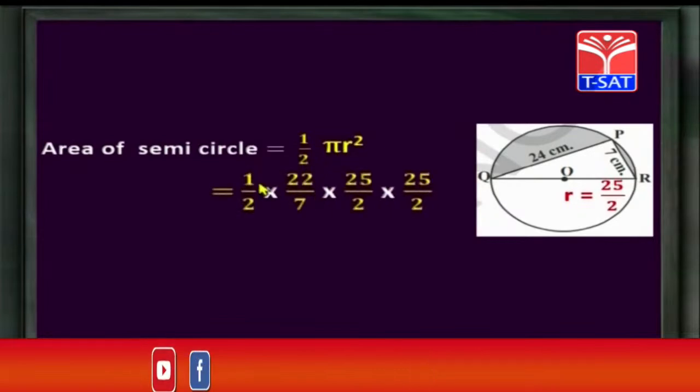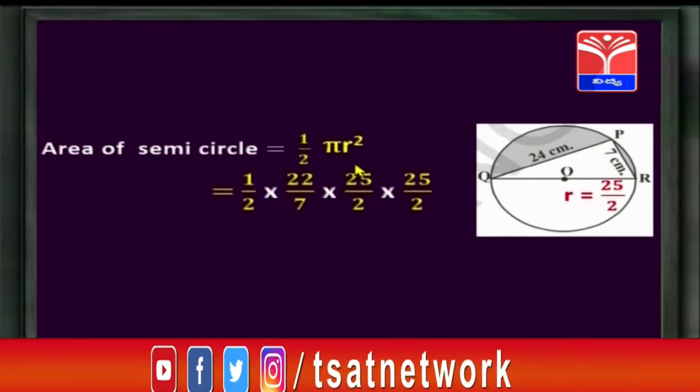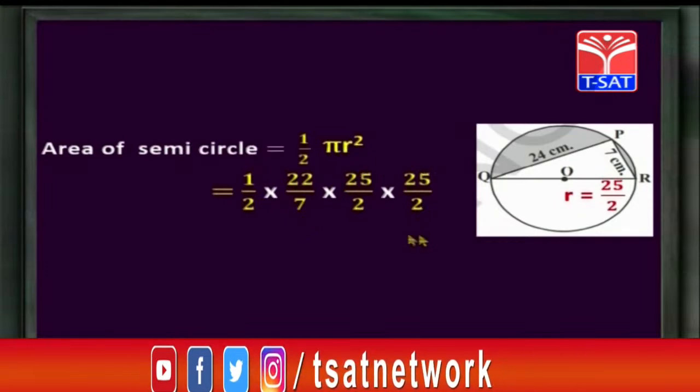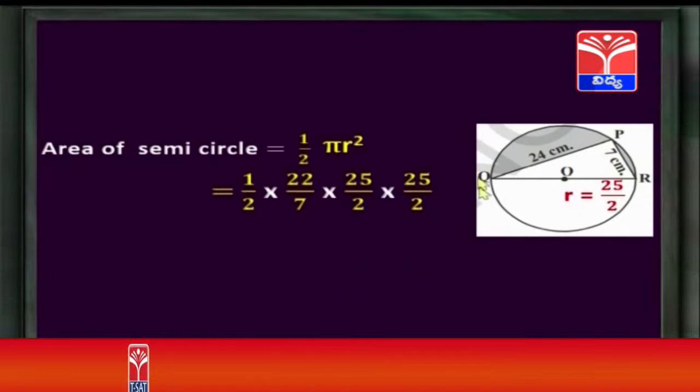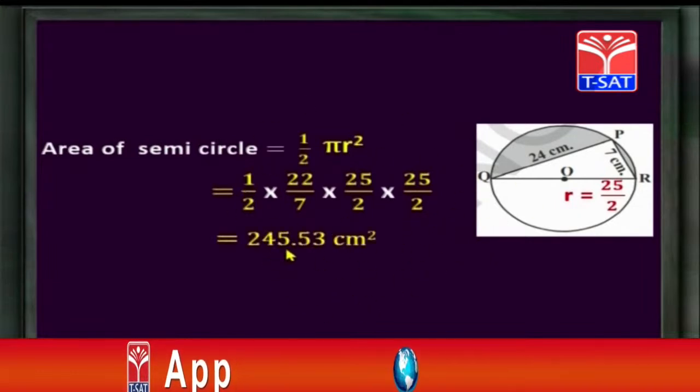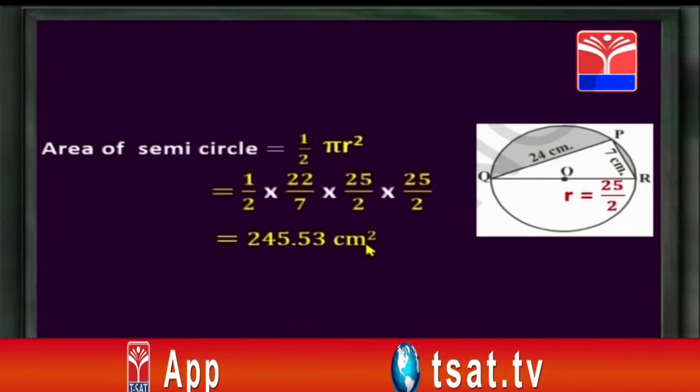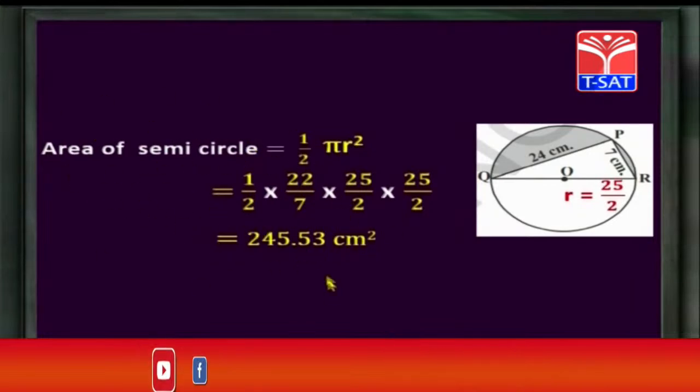Now let us substitute 1 by 2 into pi is 22 by 7, r is 25 by 2 into 25 by 2. If you simplify this, you will get the answer as 245.53 centimeter square. So we got the area of semicircle, which is 245.53 centimeter square.